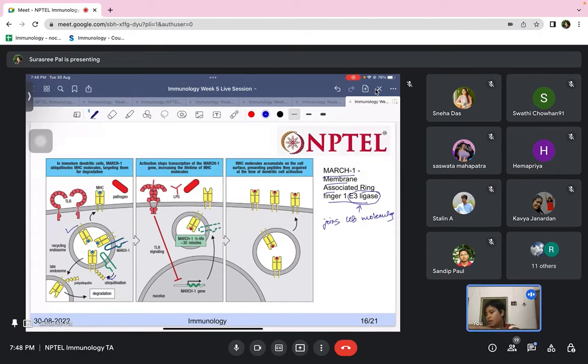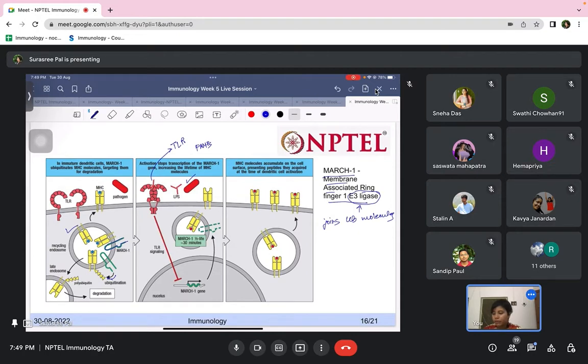Here you can see a TLR, and once it comes in contact with pathogenic signals like LPS, lipopolysaccharides, these are the PAMPs, pathogen associated molecular patterns. When this TLR binds to PAMPs, it understands that there has been some infection, right?